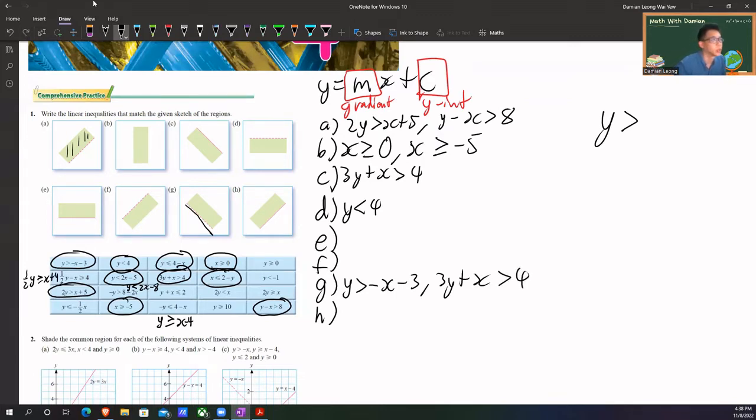Yeah, there's no equal, so dotted line, so it's a G. The C one is this one, y less or equals 4 minus x.